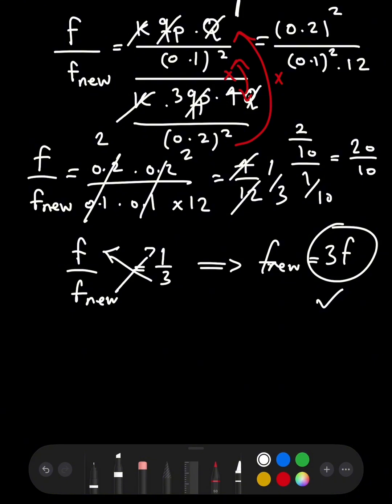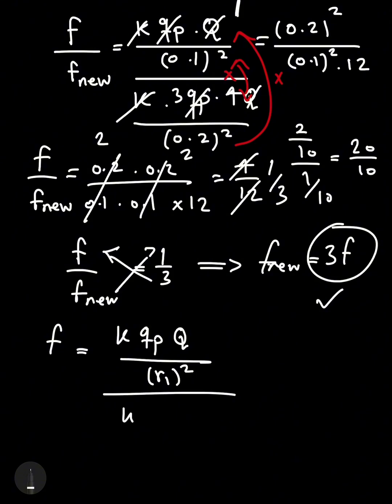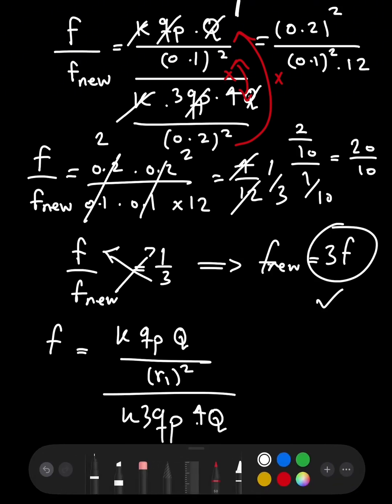And keep in mind, like I mentioned, there's also another way of doing this. Instead of writing 0.2 squared for their distances, you can say F is equal to K QP times Q divided by, let's just call the distance between them R1. This is the initial distance, R1 squared, divided by K times QP times Q. Let's say this is 3 and this is 4Q.